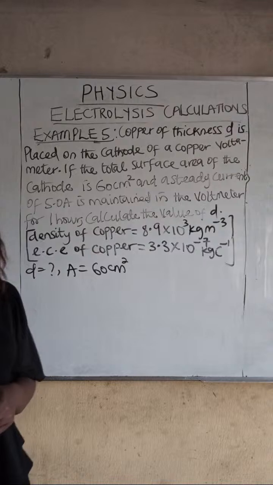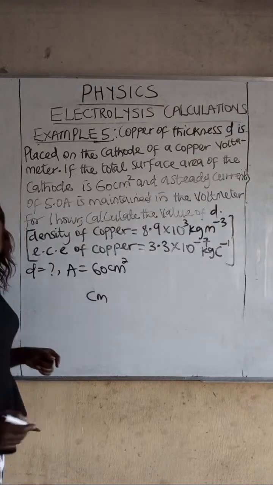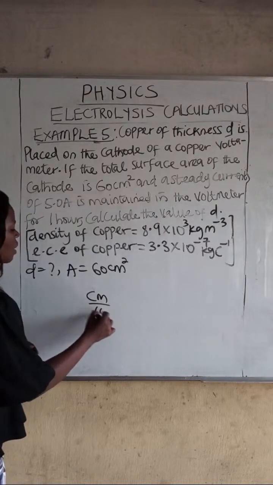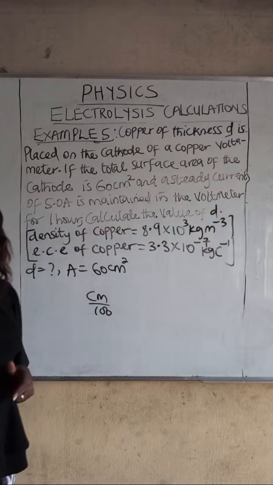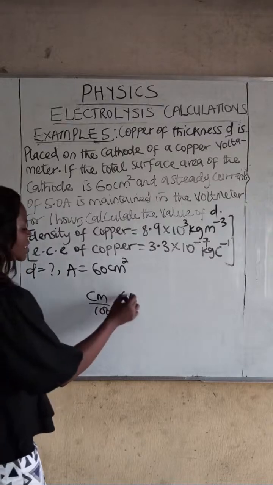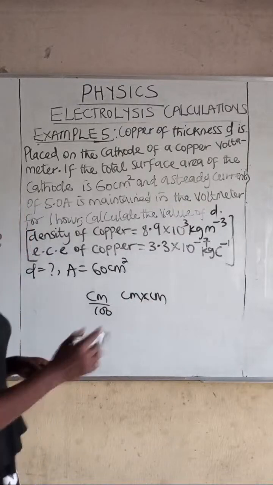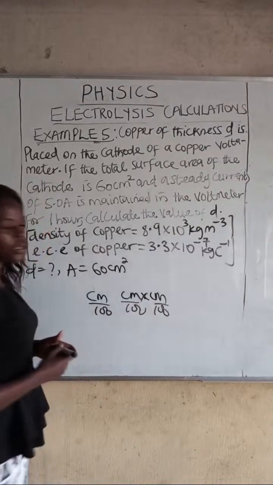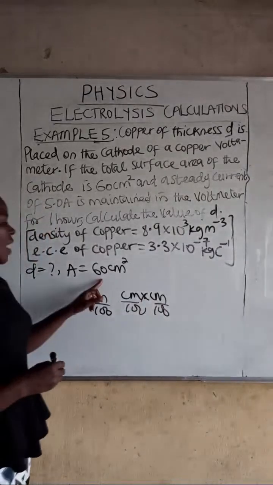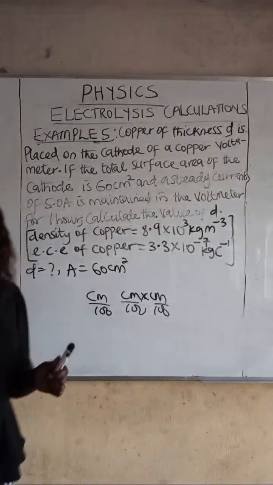So how do we do that? You remember that if you want to convert centimeter to meter, you're going to divide by 100. But this one is centimeter square. That means that this is centimeter multiplied by another centimeter, so I'm going to divide this by 100 and divide this by 100. All together, I'm going to divide this 60 by 10,000. Is it clear? All right, so let's go.